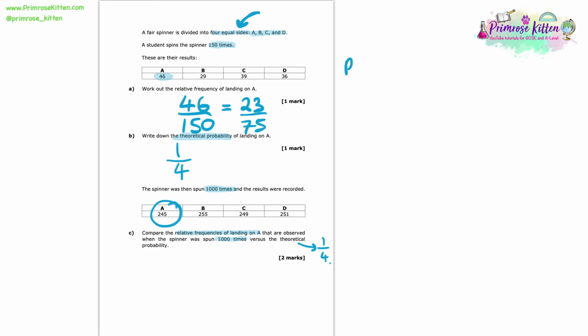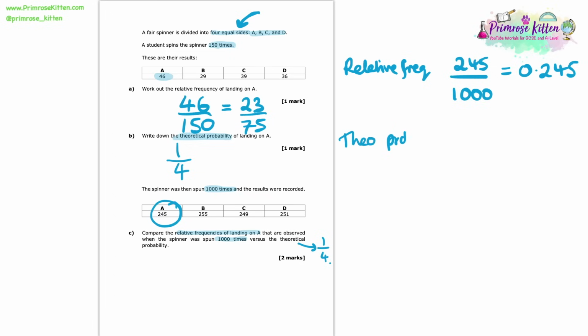So the relative frequency in this case is going to be equal to 245 out of 1,000. So if we write that as a decimal, that would be 0.245. So on the other hand, that theoretical probability was equal to 1/4, which we could say is 0.25.